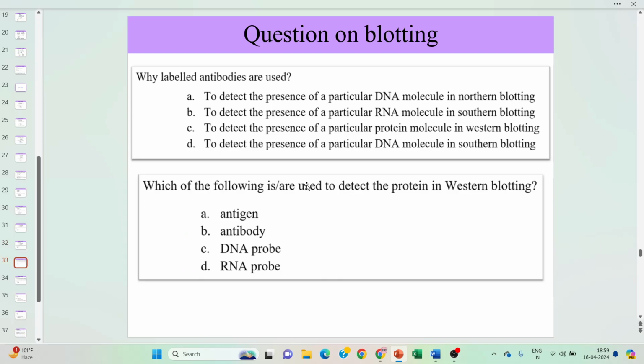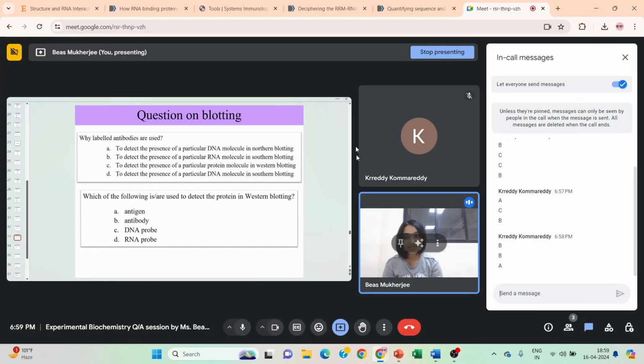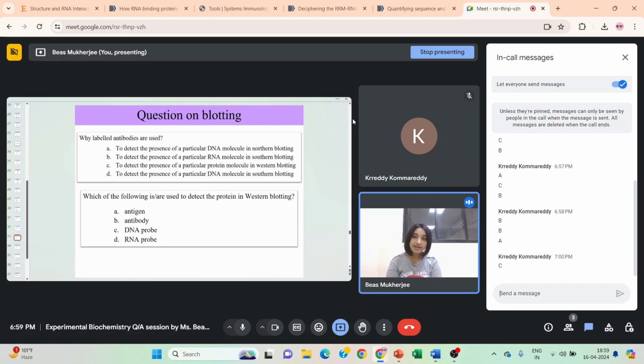Okay. So why are labeled antibodies used? To detect the presence of particular DNA, to detect the particular RNA in southern blotting, protein in western blotting. Okay, protein in western blotting, good. And then which of the following is or are used to detect protein in western blotting?